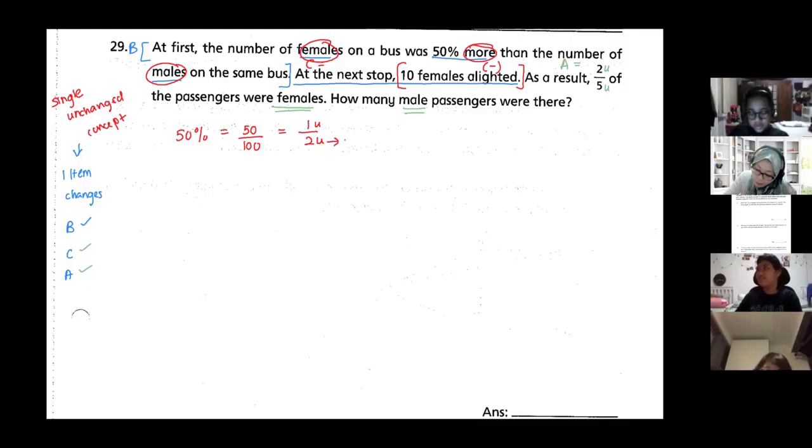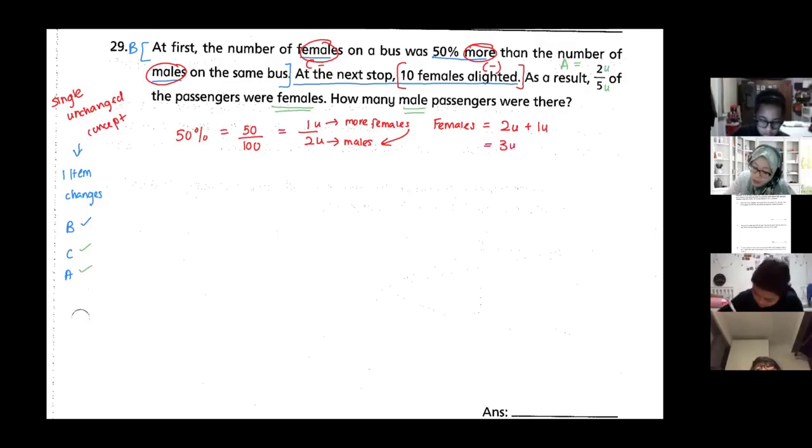The bottom one is the second item, which is males. So to find my females, it is 2 units from the males plus 1 unit. So I have 3 units of females. All this is my before.